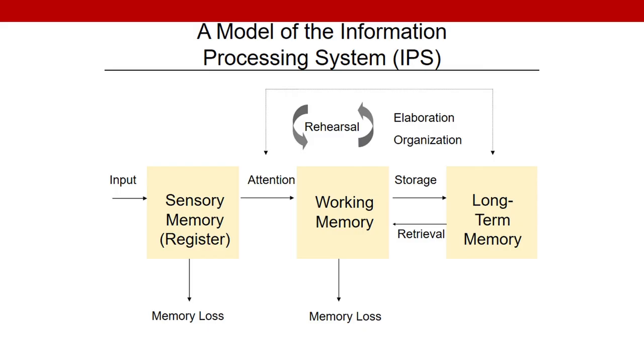But those things that we do attend to make it into working memory, which is significantly longer. And again, that's what we think about as our consciousness. Once in working memory, a lot of information still gets lost, but we can help that by engaging in rehearsal, elaboration, and organization, and a number of other strategies.